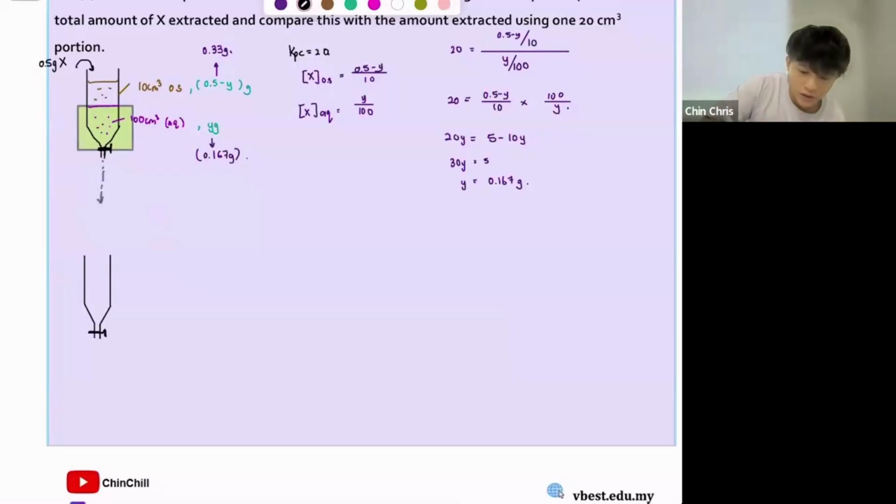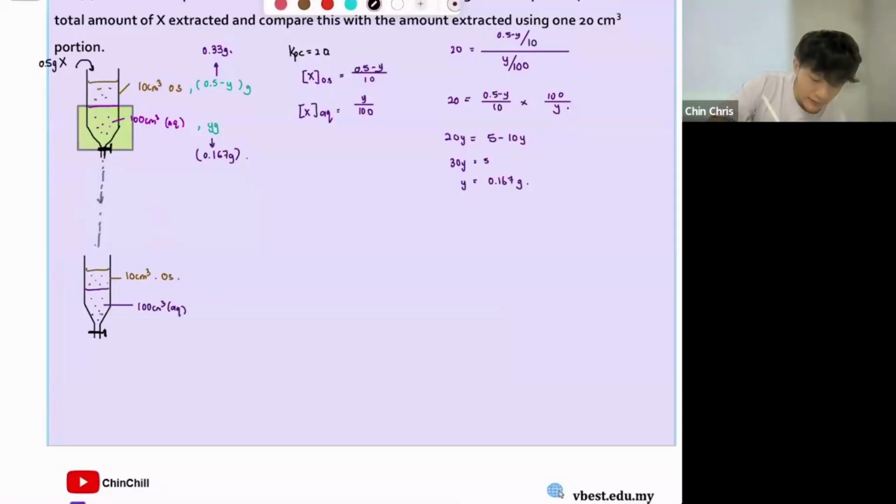A second extraction. This is still 100, right? And right now, you add 10 cm³ of organic solvent again, and let it shake again. Understand?